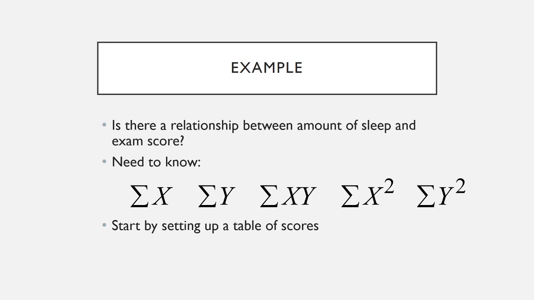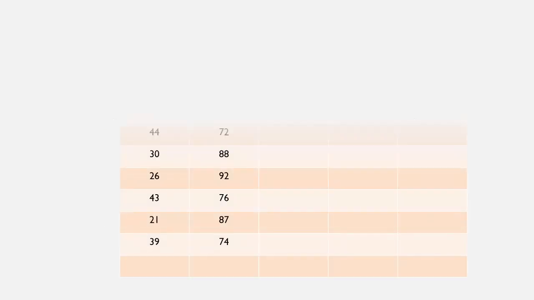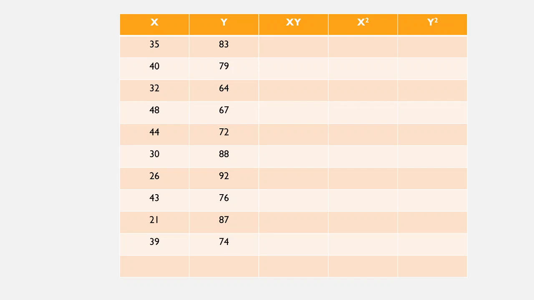So to get this table of scores, I would recommend setting your work up to look a little bit something like this. Okay, you've got your variable x, you've got your variable y. Just expand on that little table to have an xy column, an x squared column, and a y squared column. Then from here, you can decide what you want to do first, but you just go through and complete this table.